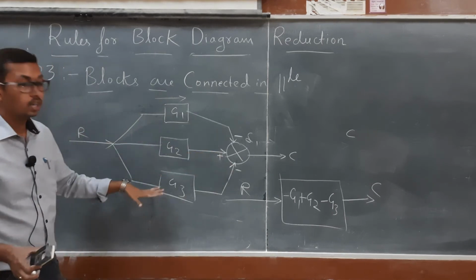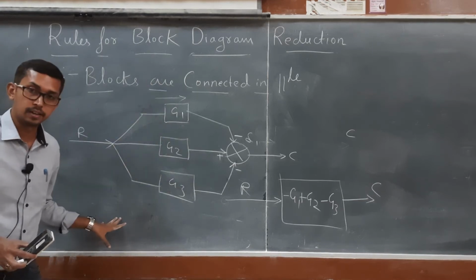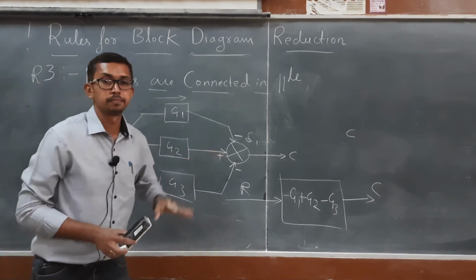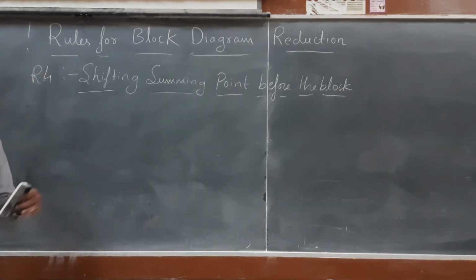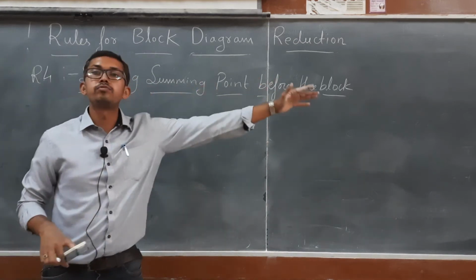Then only we can say the blocks are connected in parallel. Okay, so this is rule number 3. Rule number 4 is shifting the summing point before the block.